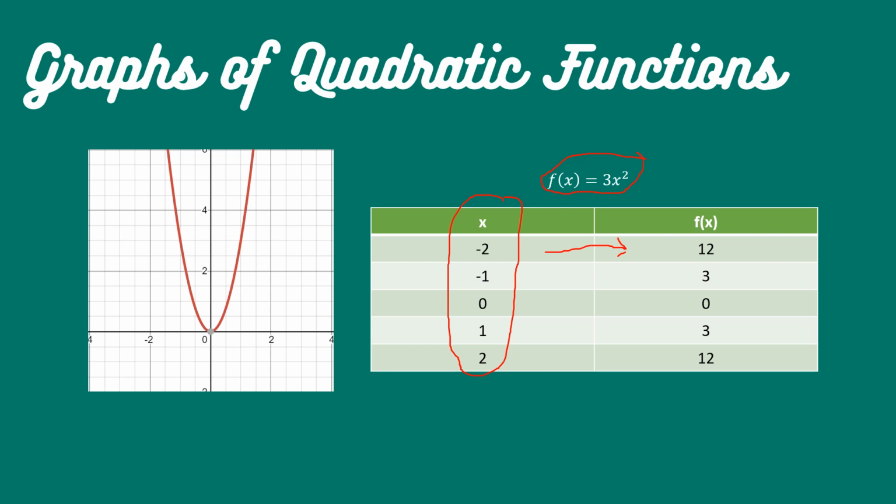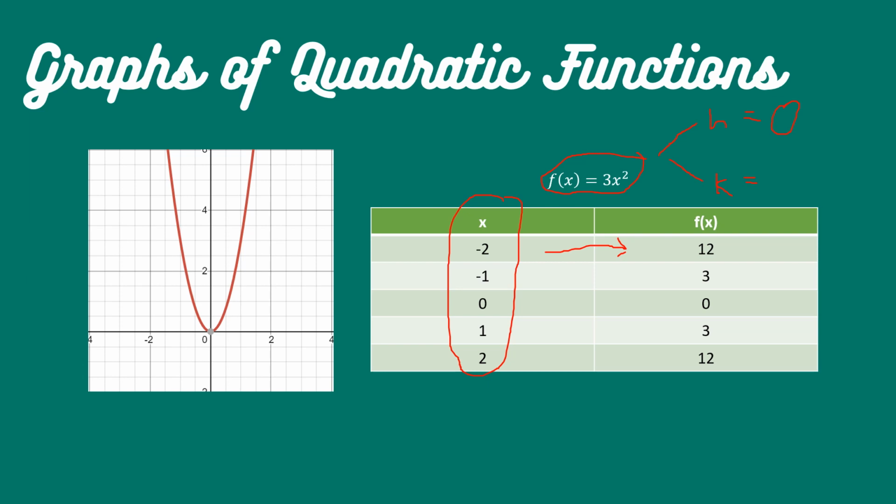After that, find the values of h and k. So for h, we have negative b over 2a, which will give us 0.